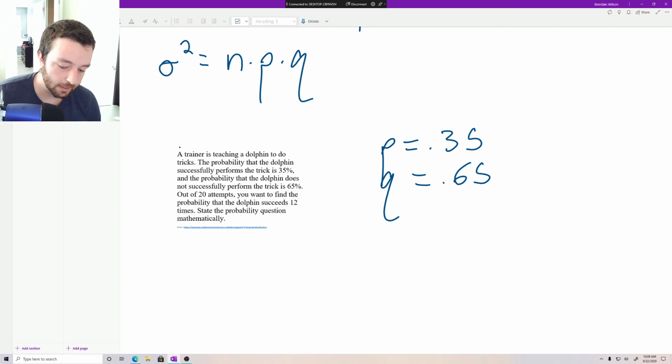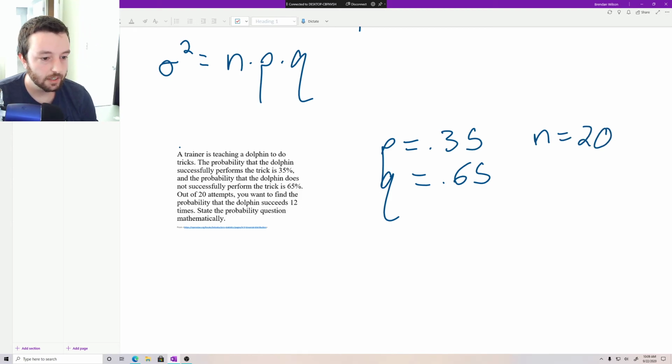So out of 20 attempts, so n equals 20, you want to find the probability that the dolphin succeeds 12 times. Okay, state the probability question mathematically. So it's not even asking you to calculate the probability, it's just asking you to state the question.